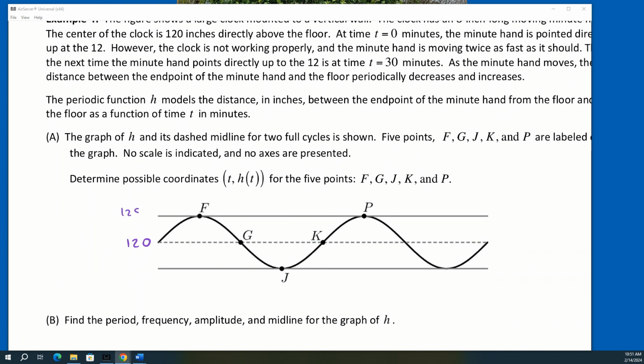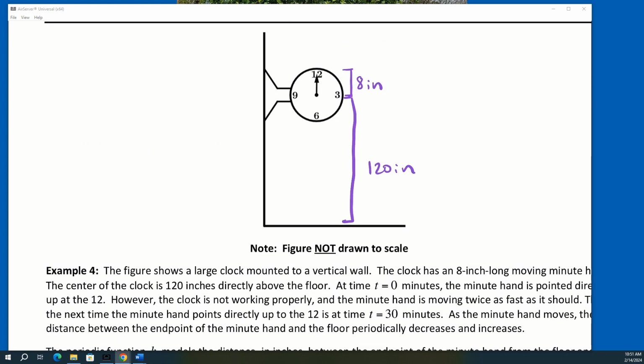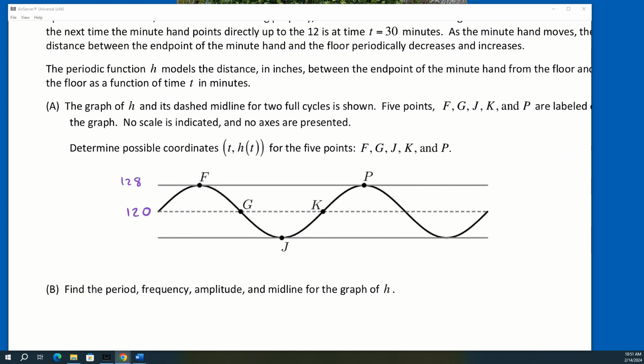Yeah, we add that. This function is giving the distance between the tip of the minute hand and the floor. So the farthest away it's going to be is 128 inches. Whenever it's pointing at the 3 and the 9, it's going to be 120. What about if it's pointing at the 6? 112. Subtract that. So basically, you're subtracting the amplitude.